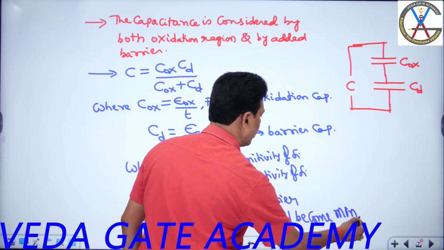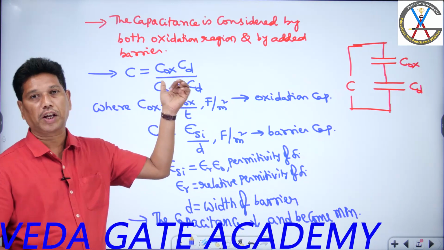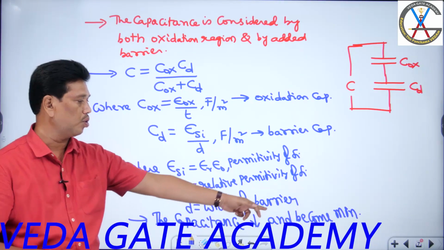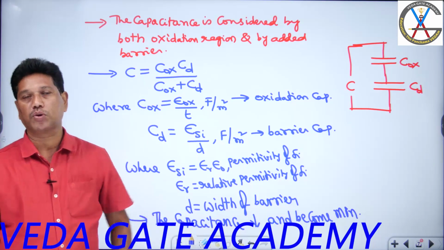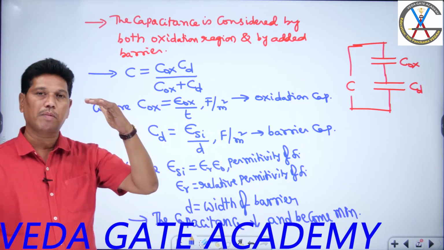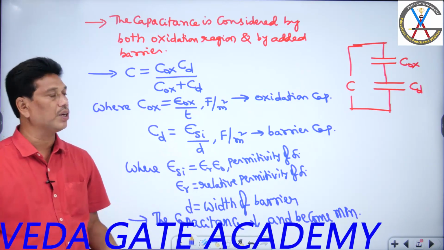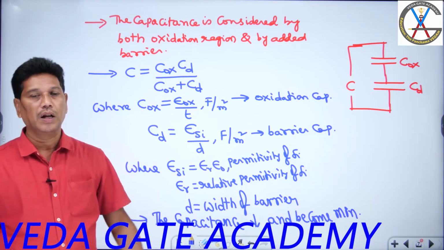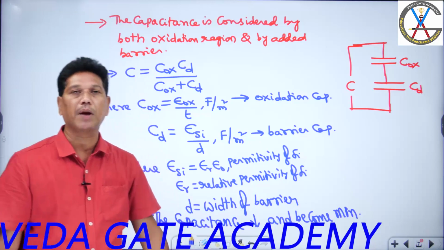You know that capacitors in series are the same as resistors in parallel, so when capacitors are connected in series, the total capacitance decreases. So let it become minimum in the depletion mode. This is the second mode, sir. In the first mode, the capacitance looks maximum and constant, where the capacitance is considered only by oxidation. In the second mode of depletion, the capacitance is considered by both oxidation and the added barrier, and the resultant capacitance decreases and becomes minimum.